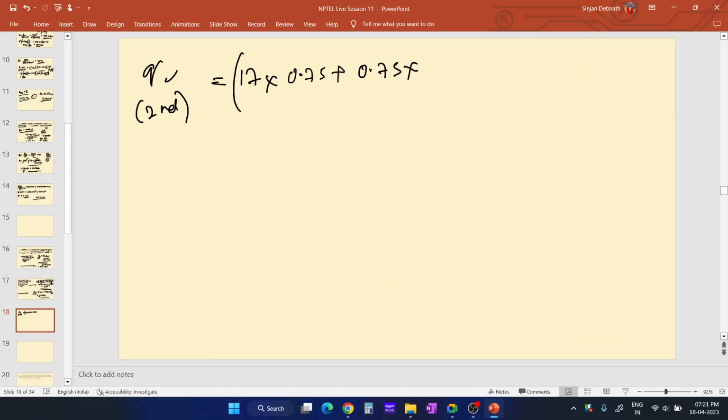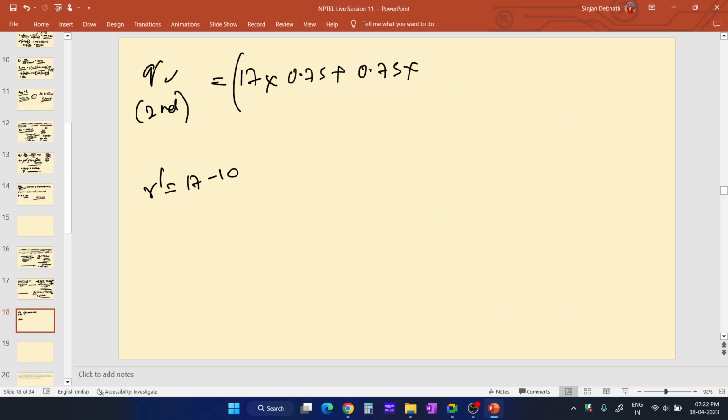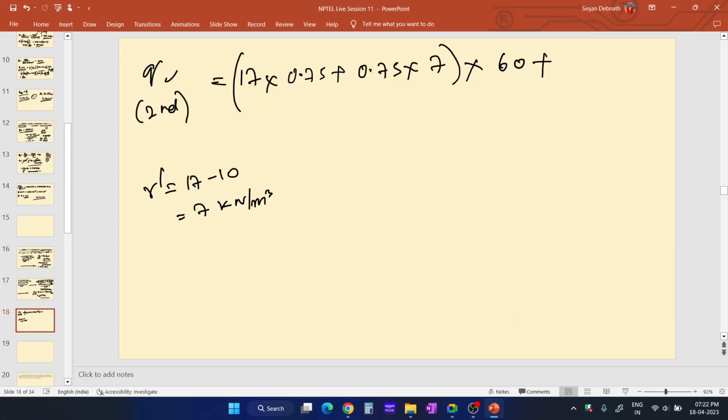Gamma sat is 17, so 17 minus 10 is equal to 7 kilonewton per meter cube. Into Nq. Nq is 60. Plus half into gamma dash.